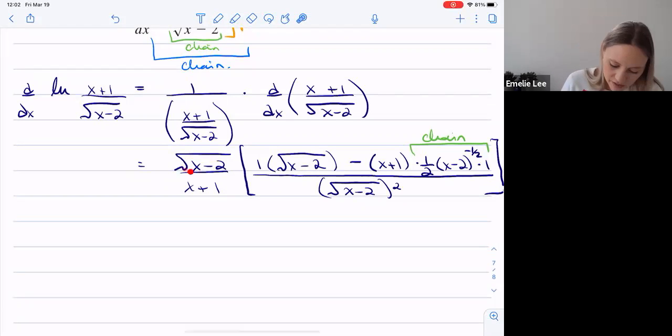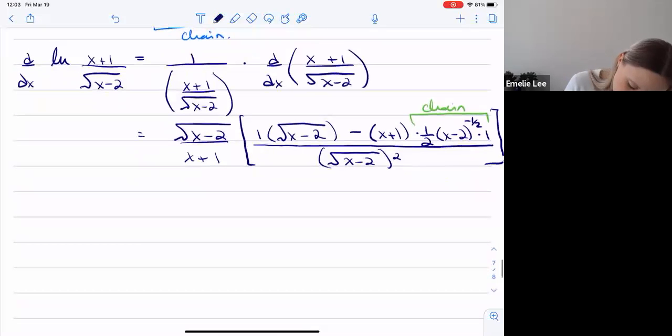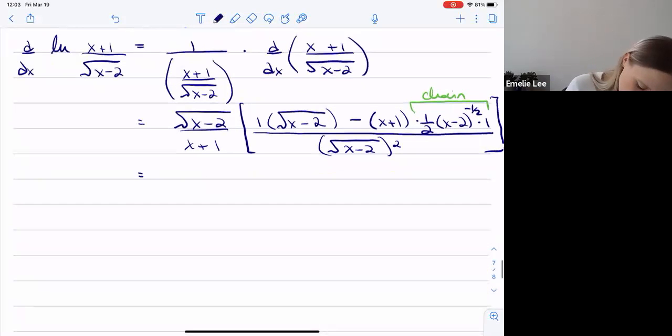So what I'm going to do is multiply this root x minus 2 through the numerator, but also the x plus 1 through the denominator. Like I said, there are a couple of different routes depending on what you think is easier to simplify, but it's kind of a beast to simplify this thing, so that's okay.